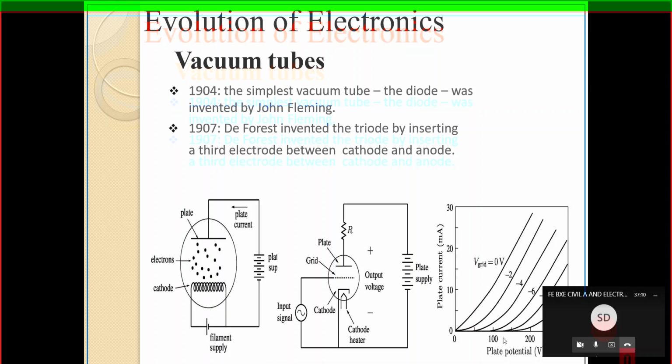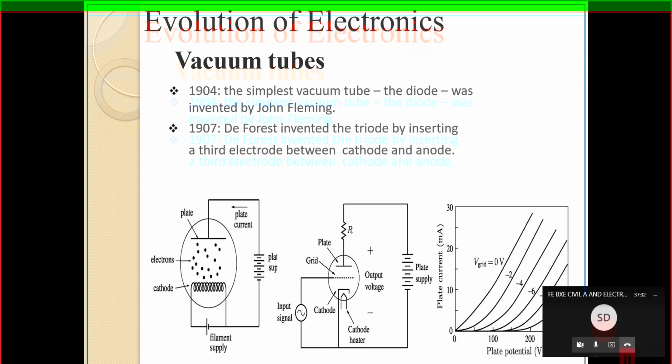Here you can see the potential voltage V is 0, 100, 200 and 300. If the supply voltage increases, the current increases, and then you can find the output voltage.